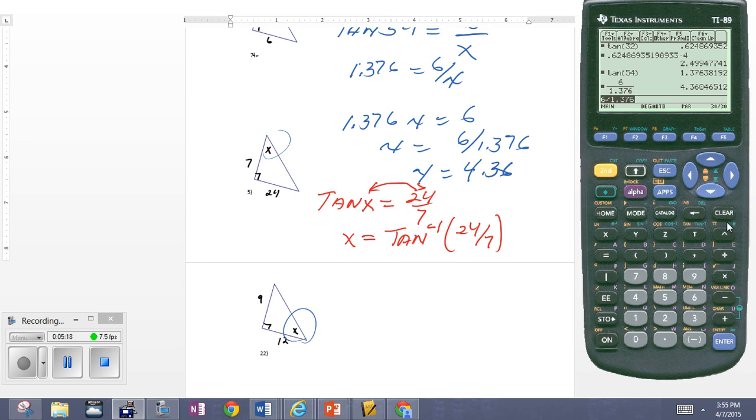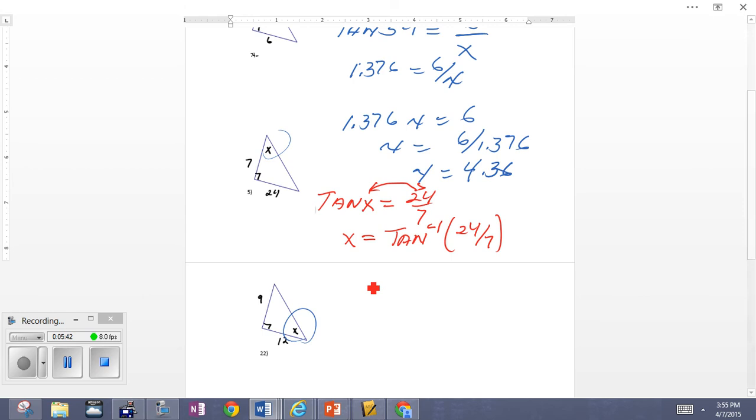The inverse tangent is tan^-1, and tan^-1 of 24 divided by 7 should give me the value of that angle, which is 73.73. So the angle x is 73.73 degrees.